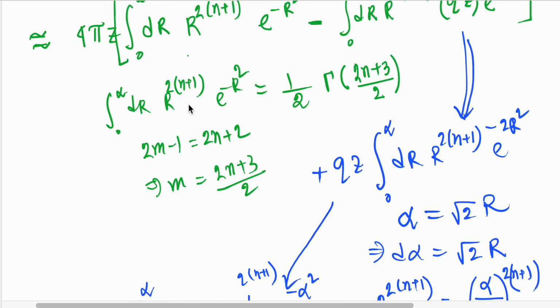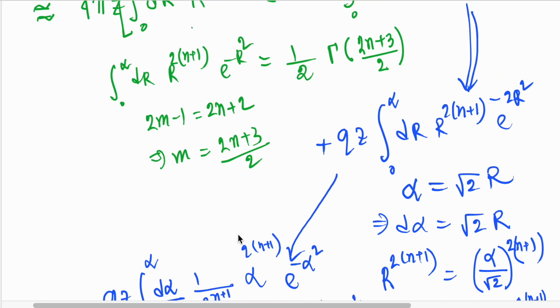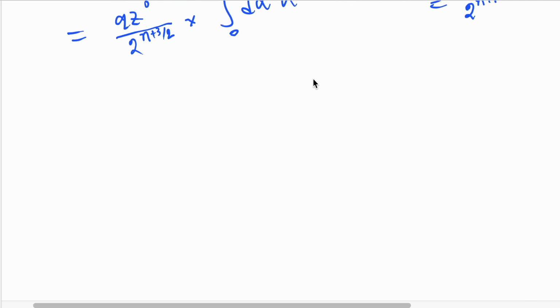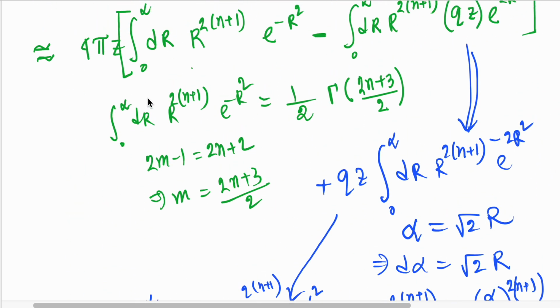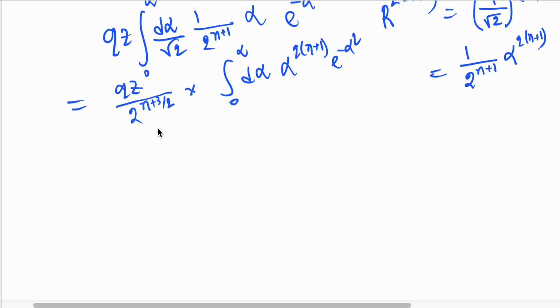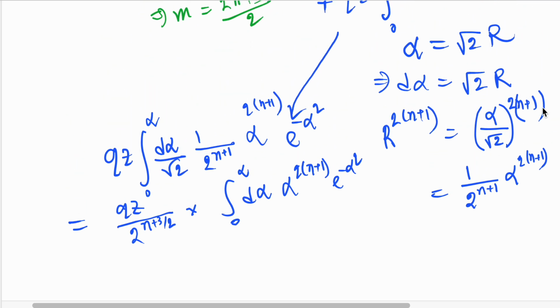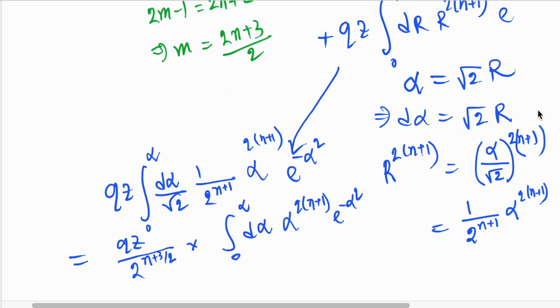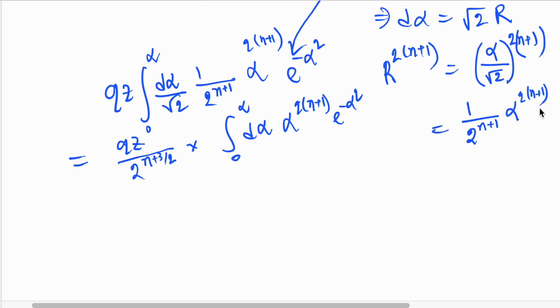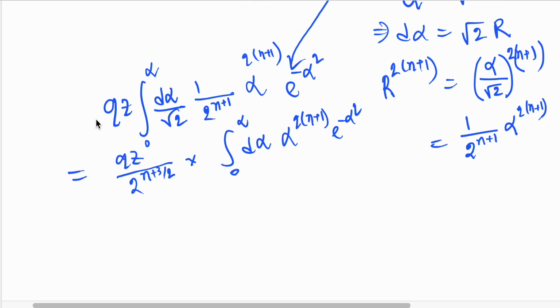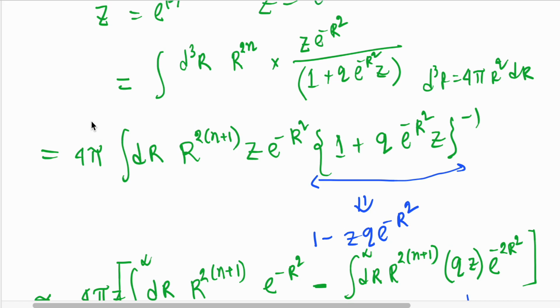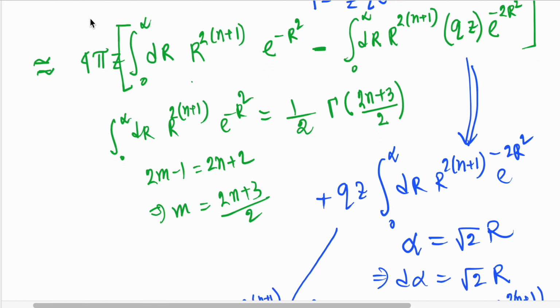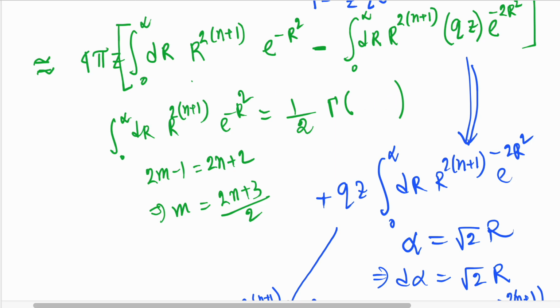Now you can see that this and this are exactly the same, so this will be half gamma of 2n plus 3 by 2... so this will be 2n plus 3 by 2, that means actually n plus 3 by 2.